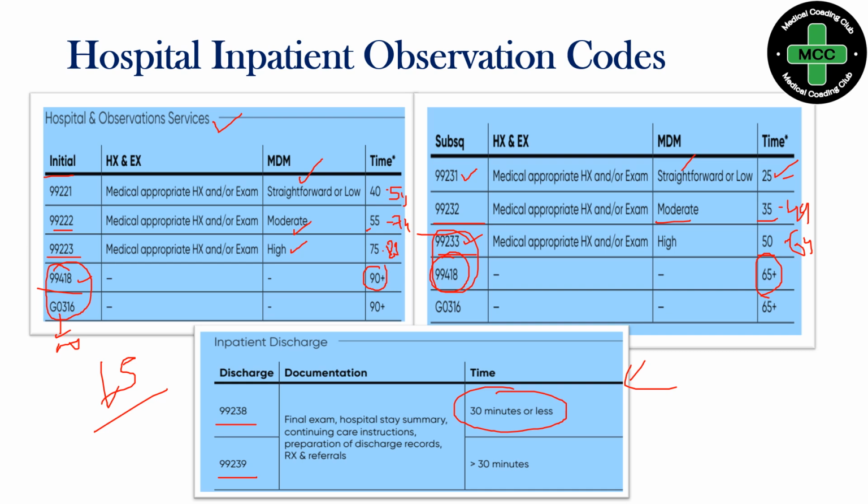If the provider has spent less than 30 minutes, you have to code 99238. If the provider spent more than 30 minutes, then you have to code 99239. These IP discharge codes you have to code with IP services only. So this is the overall code set we have for hospital IP and observation codes.